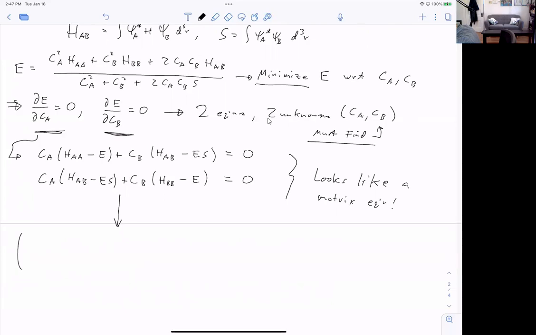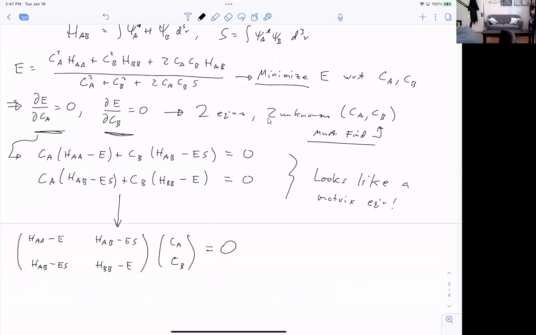We have a matrix: H A A minus E, H A B minus E S, and then here H A B minus E S and H B B minus E, times this C A, C B. So I define this new type of vector, equals 0.